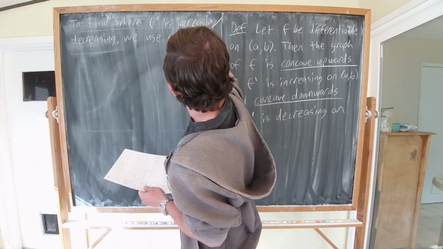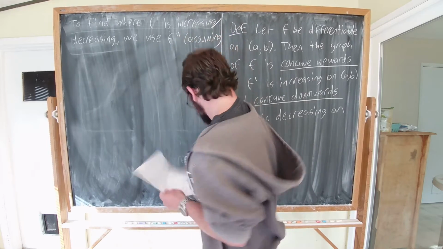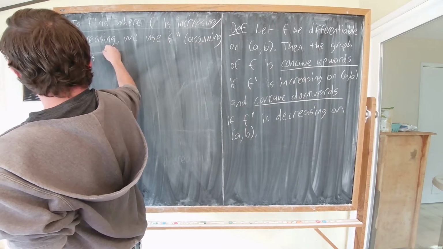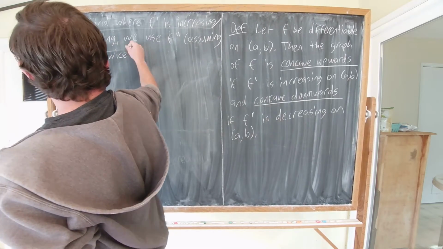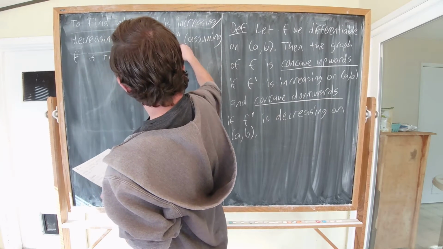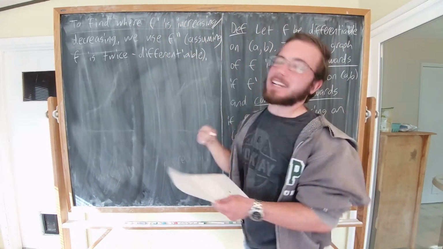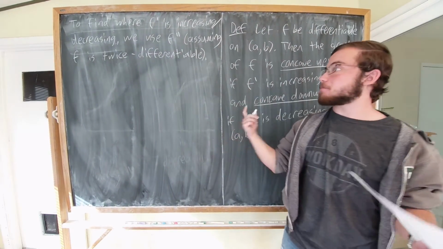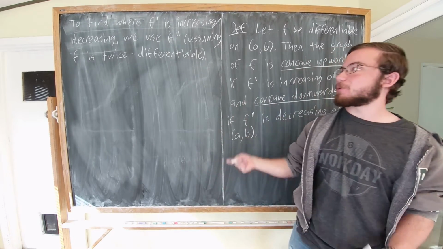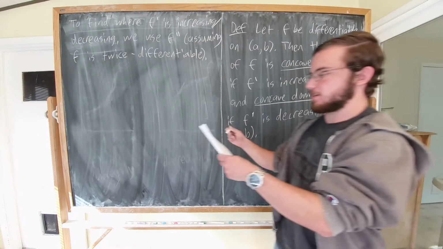Of course, this is assuming that our original function is twice differentiable. If the second derivative doesn't exist, this kind of analysis doesn't make sense. But thankfully for us, a lot of the functions we've been dealing with are twice differentiable, so we can use this just fine.